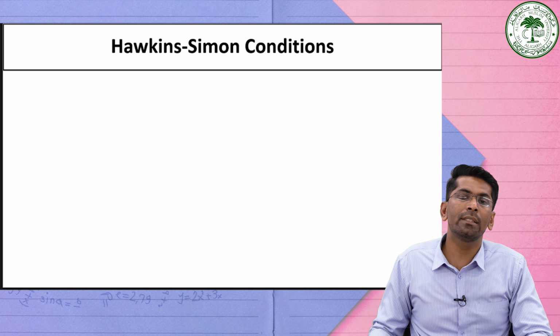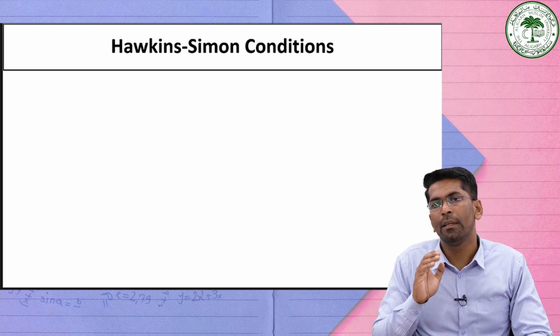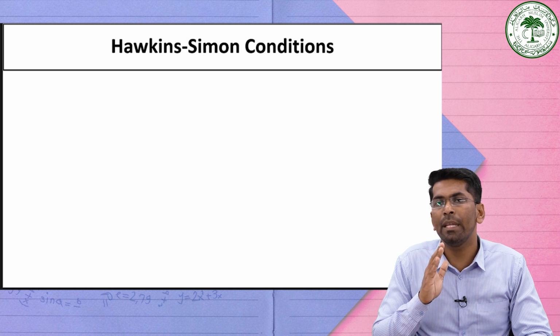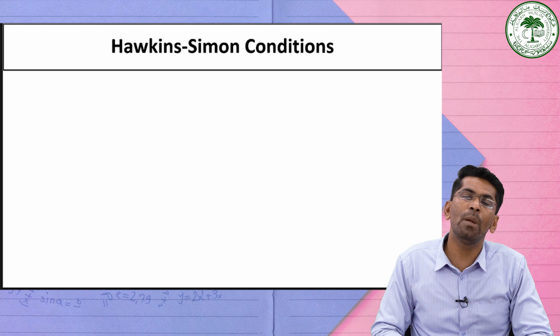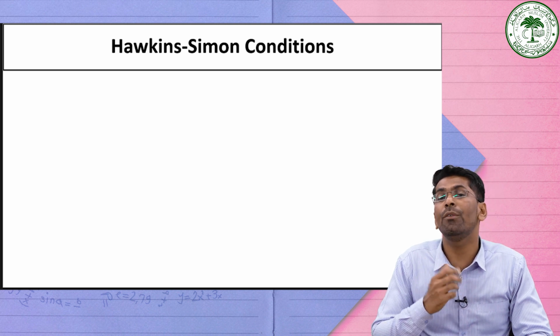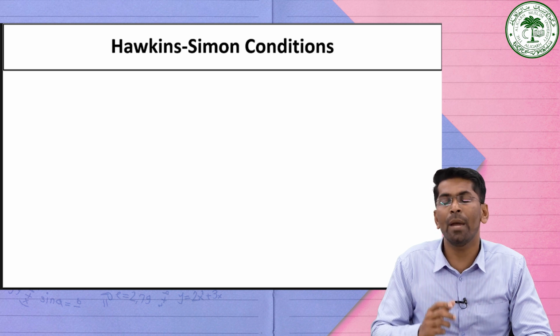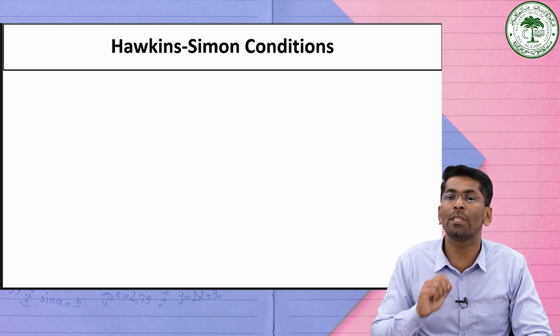What are the Hawkins-Simon conditions? There is a possibility that the input-output table we are given may provide outputs expressed as negative numbers. What happens if the given values are negative?